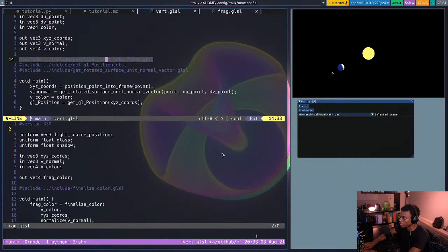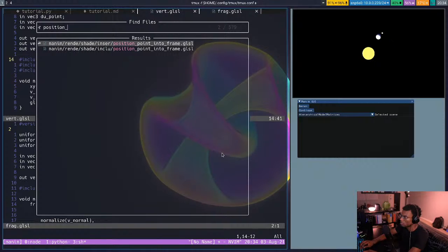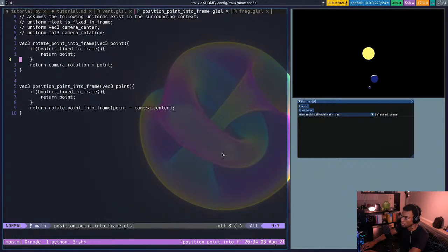I think position point into frame is basically recreating a view matrix. Yeah, it literally is recreating a view matrix. It takes the camera center and the camera rotation.